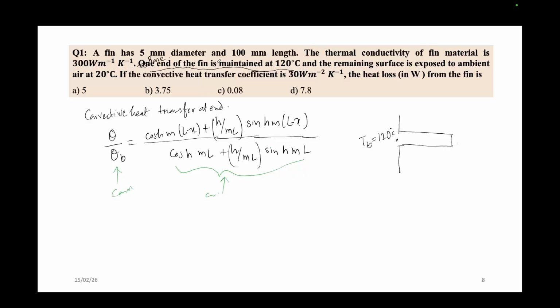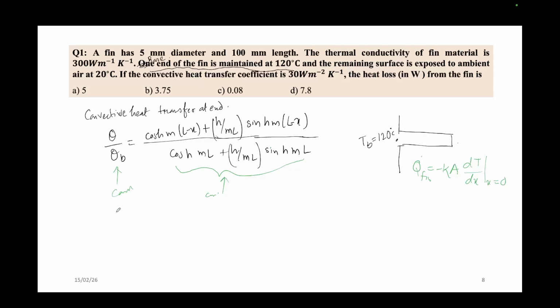So in the question, what is given is important. The heat loss from the fin, that means Q fin, you need to find out. So I know that Q fin is minus K A dT by dx at x equal to 0.